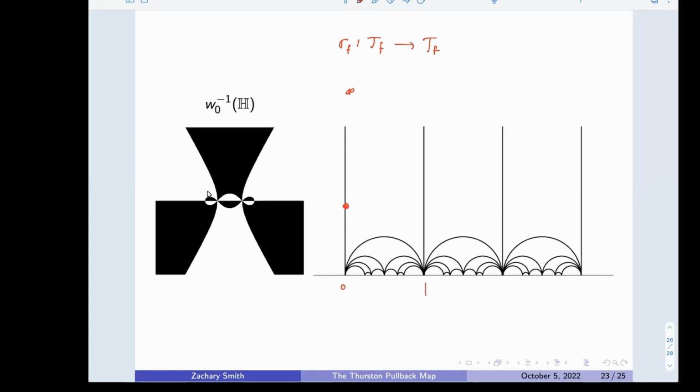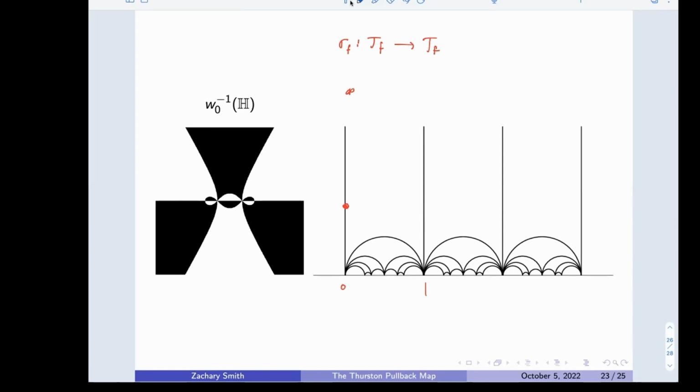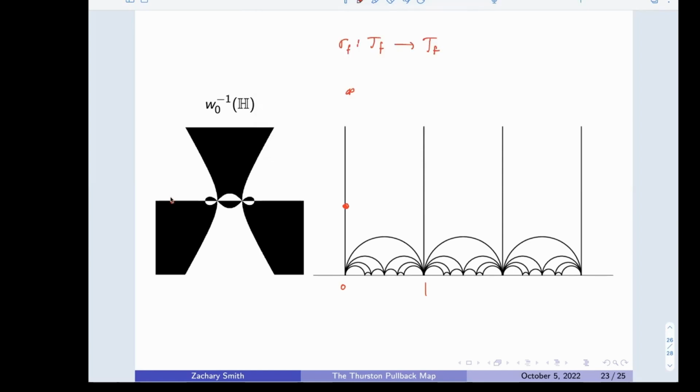But if I look at this tiling I get in my Hurwitz space, then it's possible to lift this tiling to some collection of triangles in Teichmüller space. So it's possible to calculate the location of our critical point in Teichmüller space.